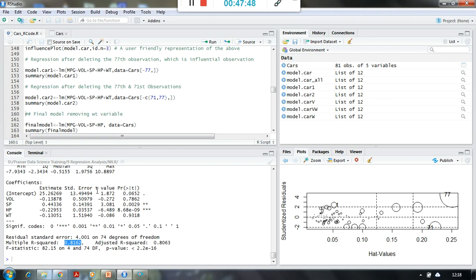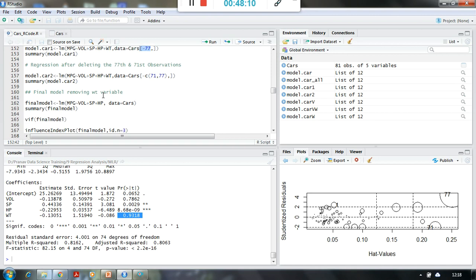So if I remove the 71st observation, my R-square is decreasing. If I remove only the 77th observation, my problem is not solved. So why should I delete the 71st observation? I will not delete that, right?